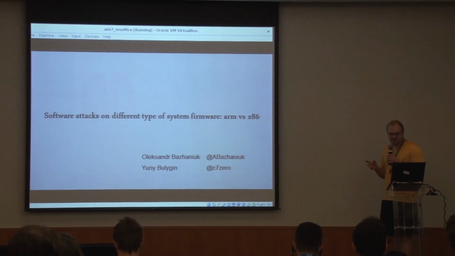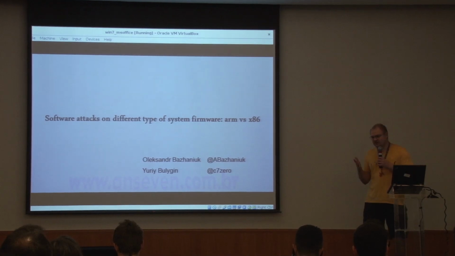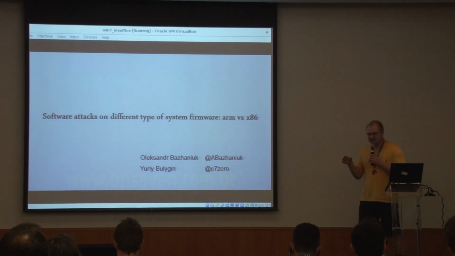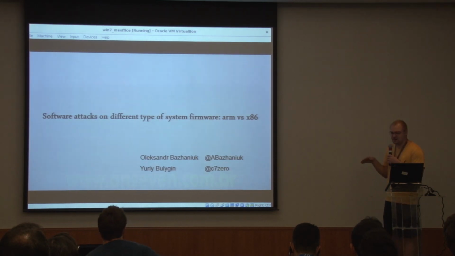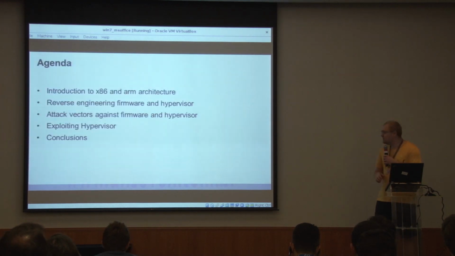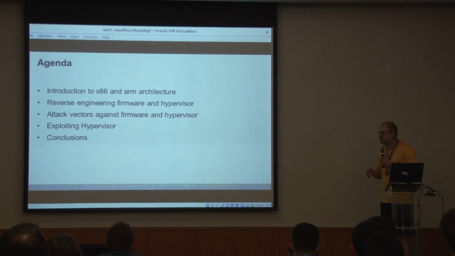So during the presentation, I will switch from x86 to ARM multiple times. It may be confusing. I will try to make it less confusing, but the idea is that there will be blocks of x86, then blocks for ARM, and then back and forth multiple times, depending on the area which I will explain. I will start with a really brief introduction without details, just to make sure that we are on the same page about the terminology.